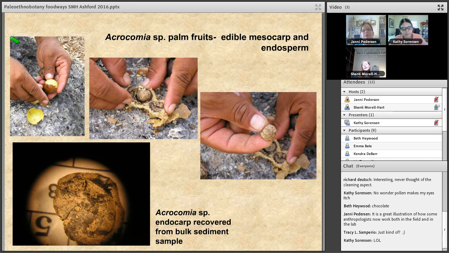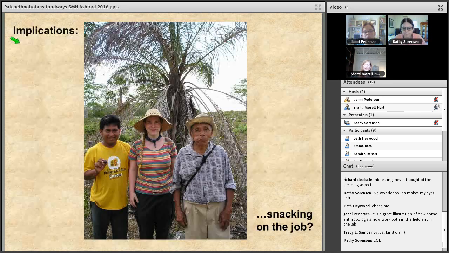So what we were finding next to these ceramic kilns, and in other places as well, were these hard endocarps. And what are endocarps doing next to these ceramic kilns? They weren't part of the firing process. There weren't other food remains nearby. So in thinking about this, one of the things that came out of the reference ethnographic material was this idea that people might just have been snacking.